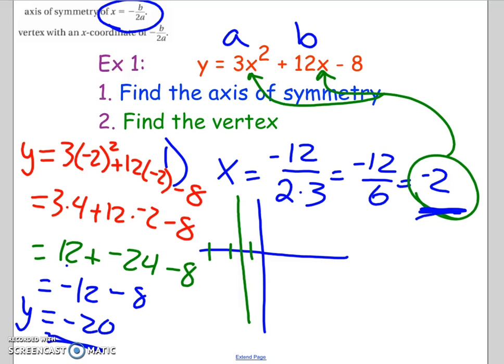So I've got the ordered pair negative 2, negative 20 for my vertex. We'll pretend that's way down here. Since my a value here is positive, that means my parabola is going to open upward.